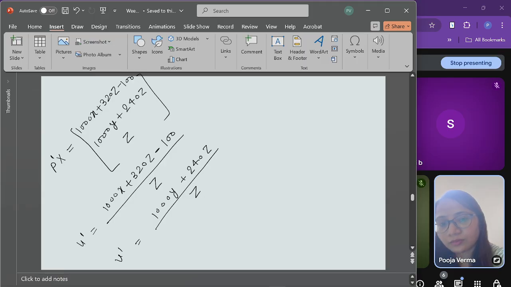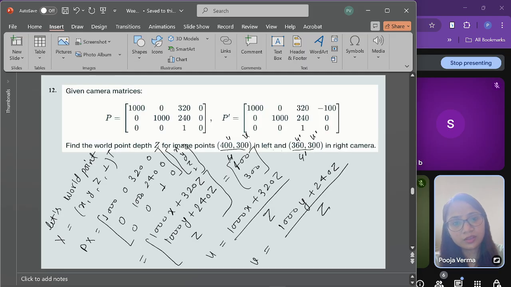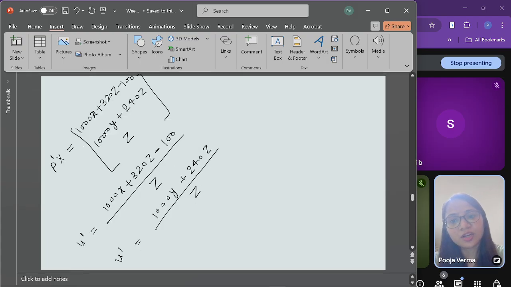You can see that the v and v dash image points are both 300, and the v value is 1000y plus 240z divided by z in both the left and right image planes, so these are equal.